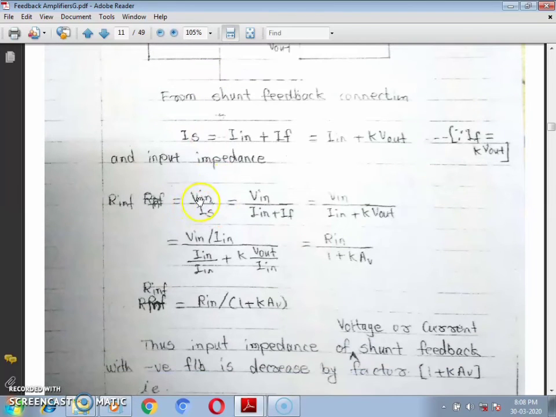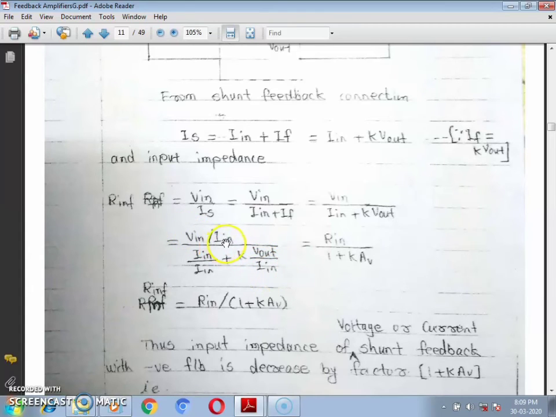So we will have the input impedance with feedback, Vin divided by Is, equal to Vin divided by In plus IF. By plugging in the value, finally we will have Vin divided by In plus K times V out. We take In as common, and finally you will have Vin divided by In, divided by 1 plus K times V out divided by In.